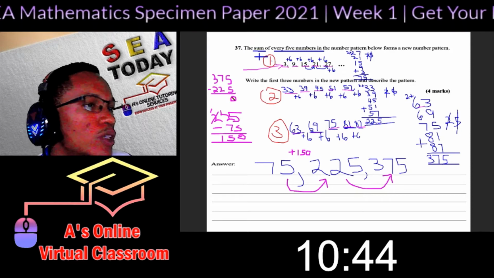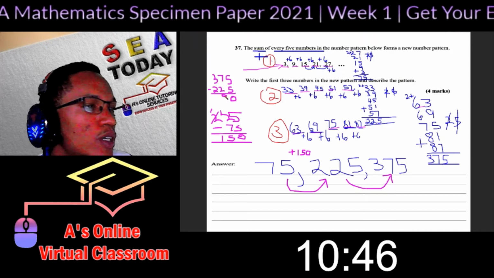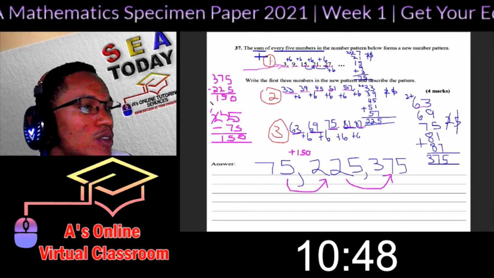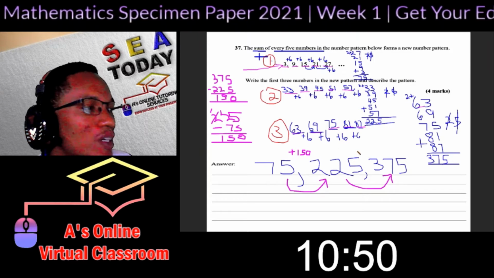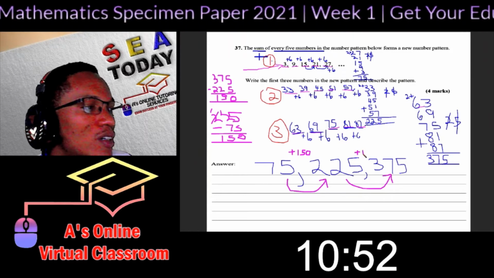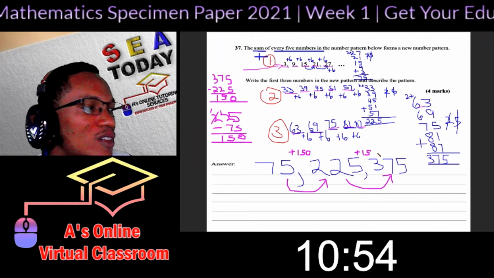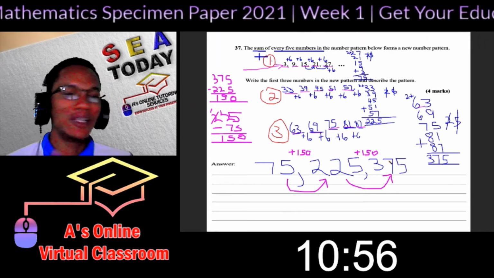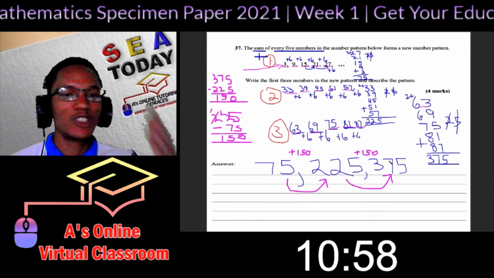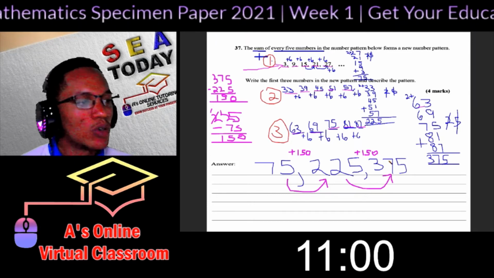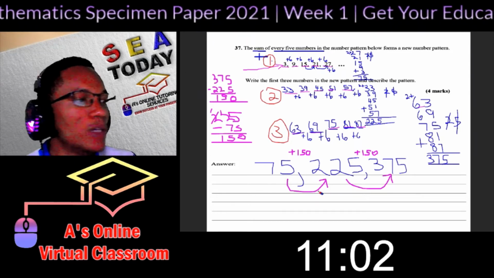We get 0 here, 7 take away 2 is 5, 3 take away 2 is 1. So we have plus 150. Once you see something repeating itself, we know that is called a pattern.